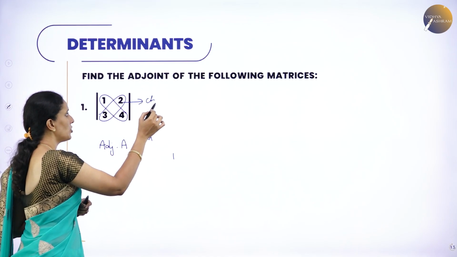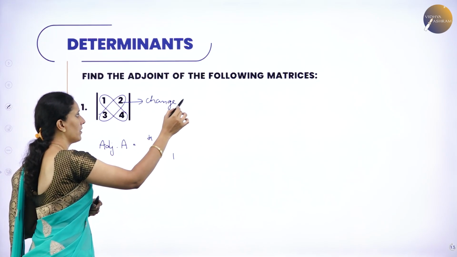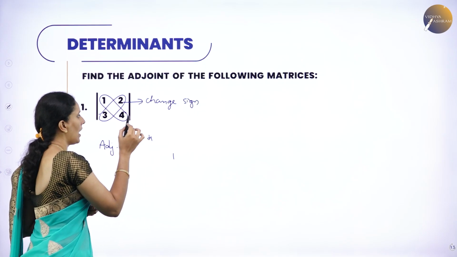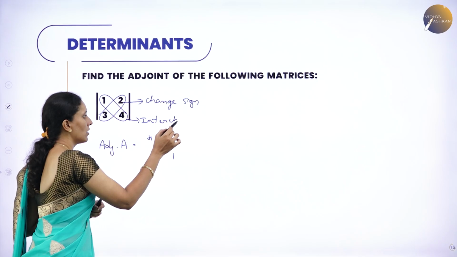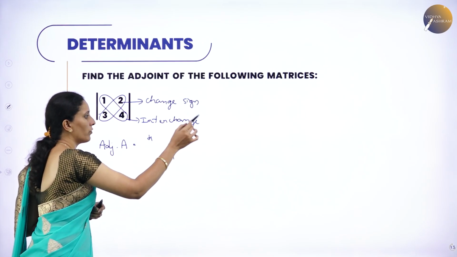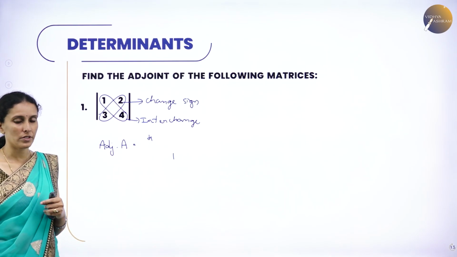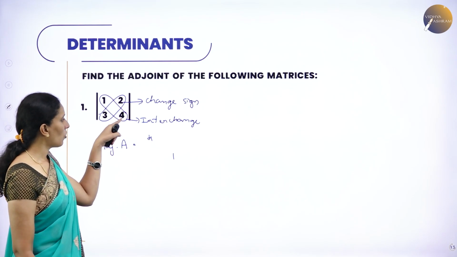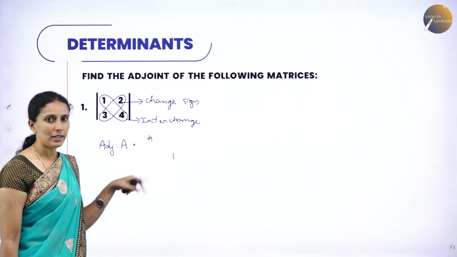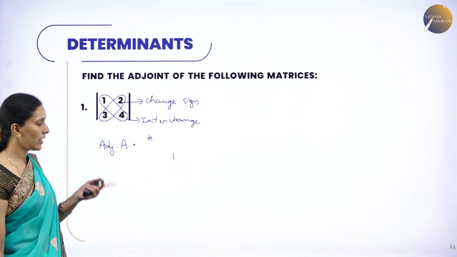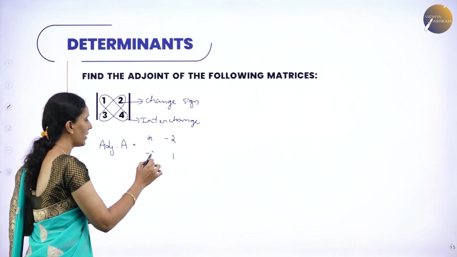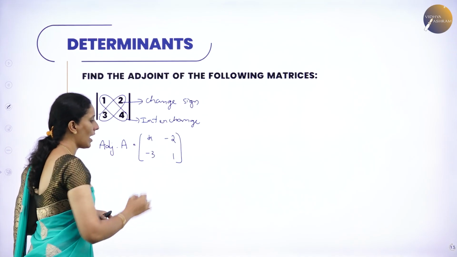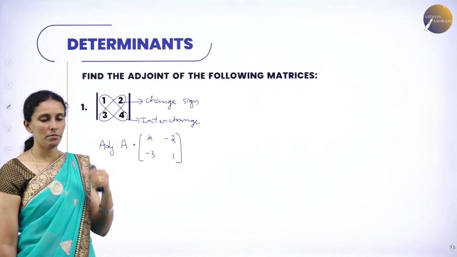So here change the sign for these, and this is the interchange. This is the shortcut method to find the adjoint of 2 cross 2 matrices. The other way is to find the cofactors and write the cofactor matrix, and take the transpose, which gives the same result. So here we are going to write -2, -3. This is the adjoint matrix of the given matrix.